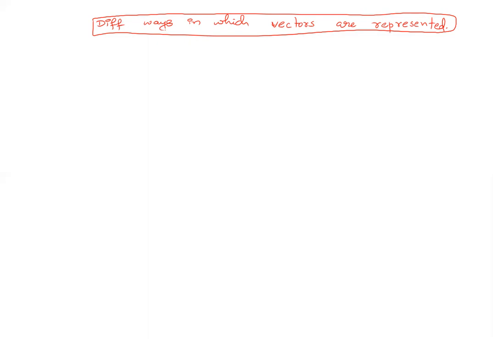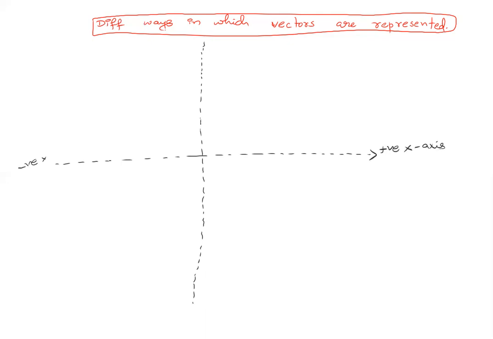Let us consider a situation in which you have an axis like this. This is your positive x-axis, this is your negative x-axis, this is your positive y, this is your negative y.